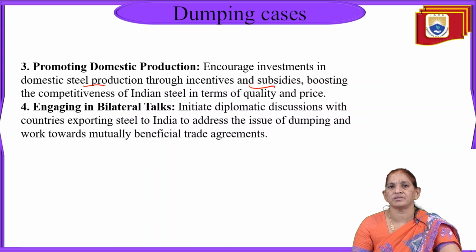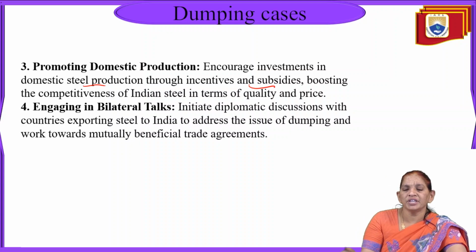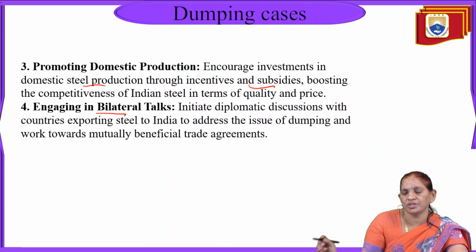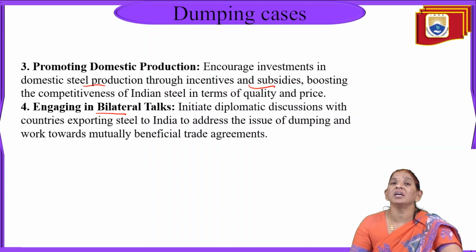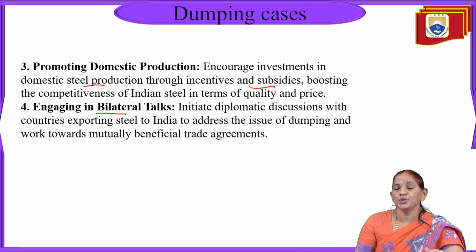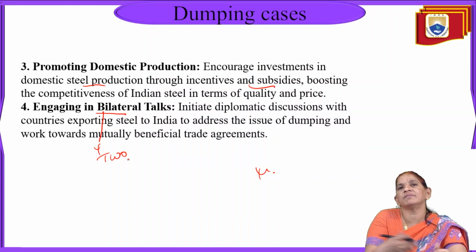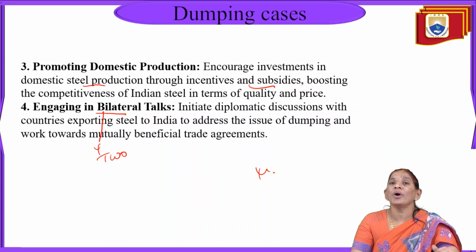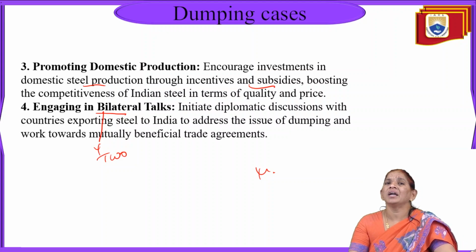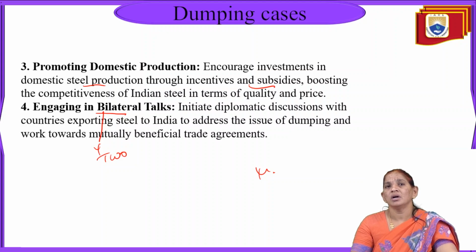Along with that, the central government of India can also engage in bilateral talks. As we know, multilateral means different nations, while bilateral means between two countries, as bi means two. The central government can enter into an agreement or hold diplomatic discussions with the exporting country and address the unfavorable situations that arise internally due to the dumping of goods or services.